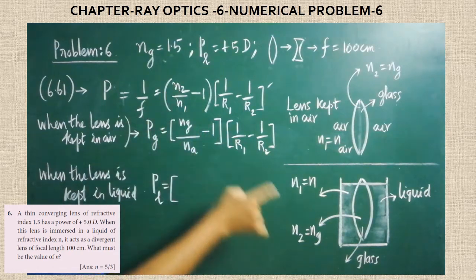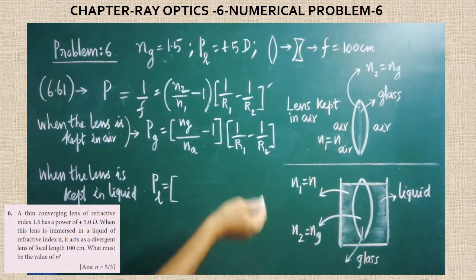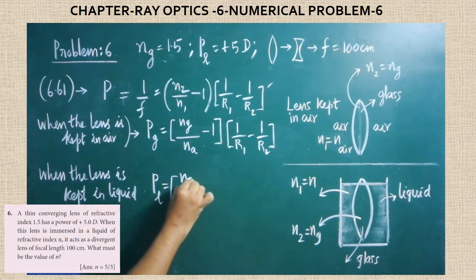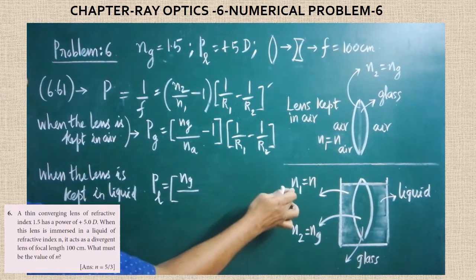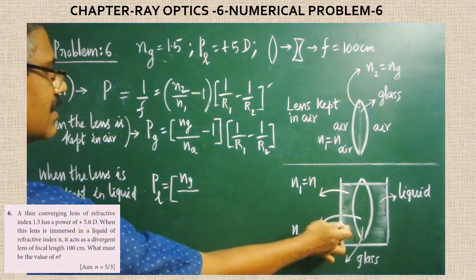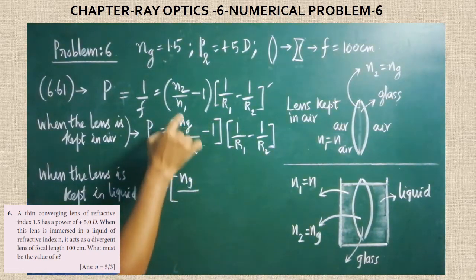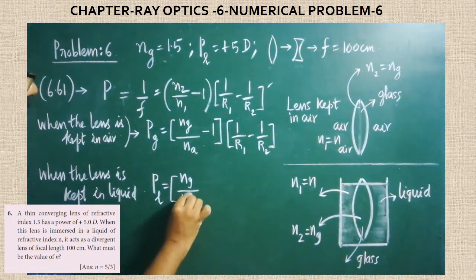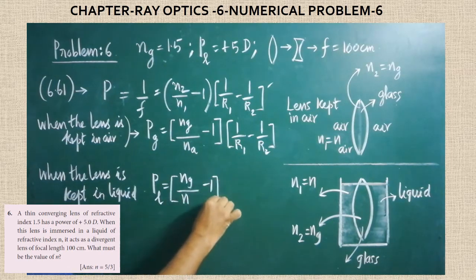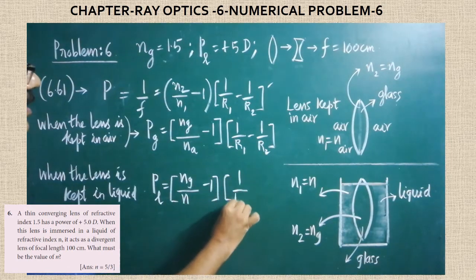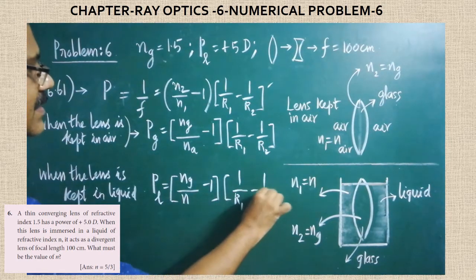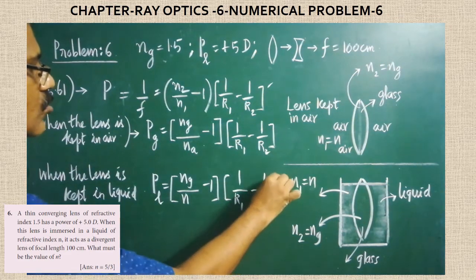Which one is n2? n2 is nothing but Ng, the second medium. The first medium is liquid, whose value n is to be found out. Therefore, instead of n1, substitute n here: n minus 1, divided by, no change in the radii of curvature. R1 and R2 both are constants.